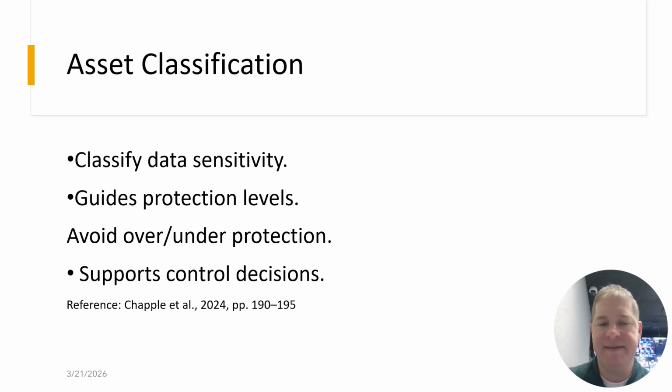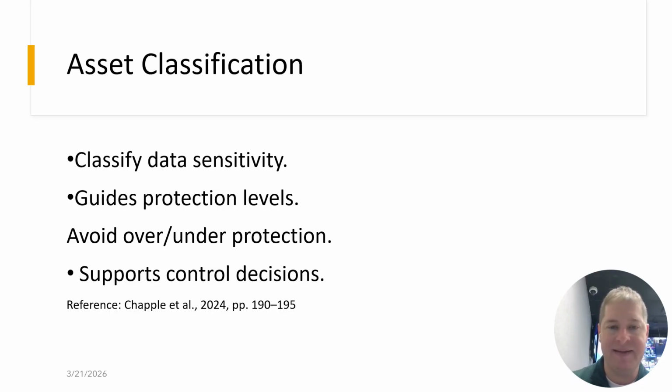Asset classification is the process of categorizing data based on its sensitivity and importance. Common classification levels might include public, which is data that causes no damage; internal, which is only for staff use; confidential, which requires authentication to access; and highly sensitive, which causes severe, catastrophic, or even legal damage if breached. This classification determines how data should be protected.